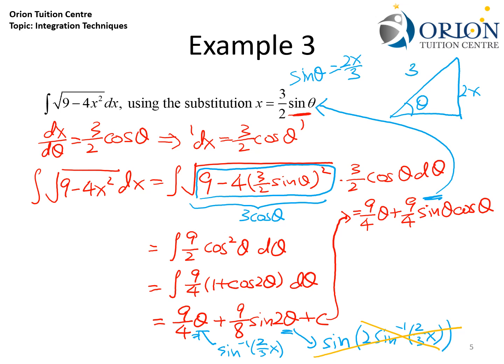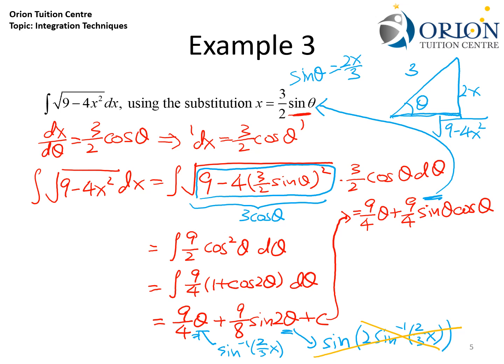Now, if we perform the Pythagoras theorem, we will get that this adjacent side becomes the square root of 9 minus 4x squared. And therefore, cosine of theta will become the square root of (9 minus 4x squared) divided by 3.